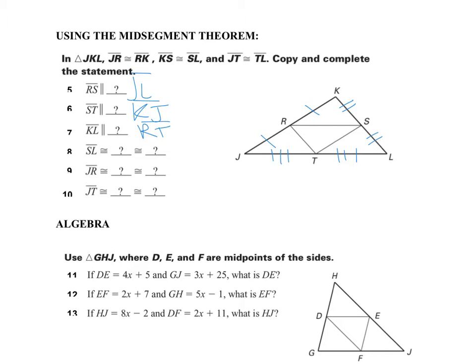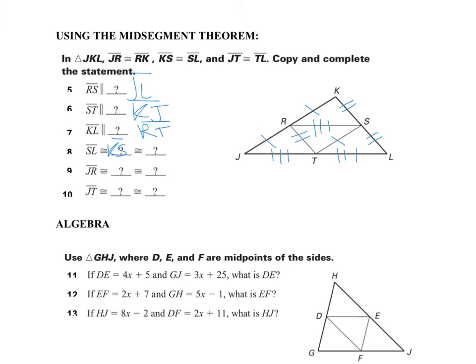SL is going to be congruent to KS, which is also going to be congruent to this mid-segment. Right? It takes 2 RTs to equal 1 KL, so each of those are all going to be congruent. So RS is going to be congruent to JT and TL, and likewise TS congruent to JR and RK.